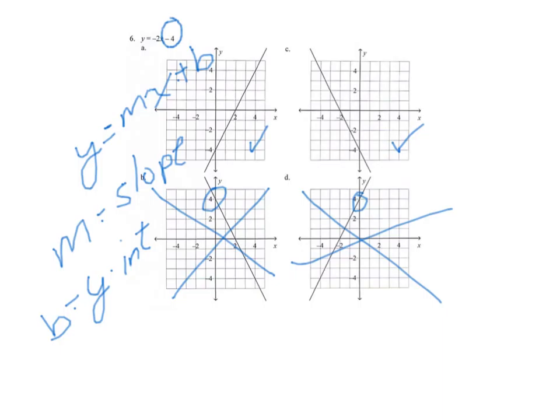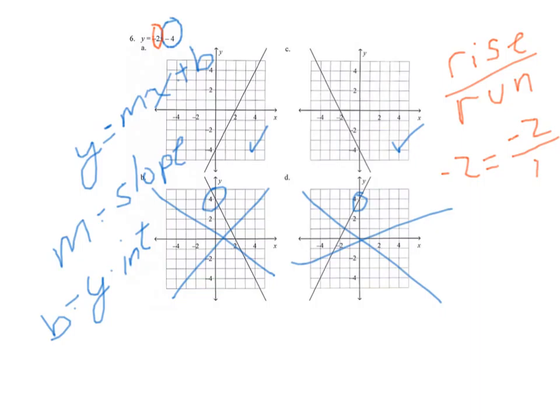The next thing I'm looking at is my negative 2. That's my slope. Remember, slope is rise over run. So, if I'm going to take negative 2 and put it as rise over run, that needs to be negative 2 over 1.